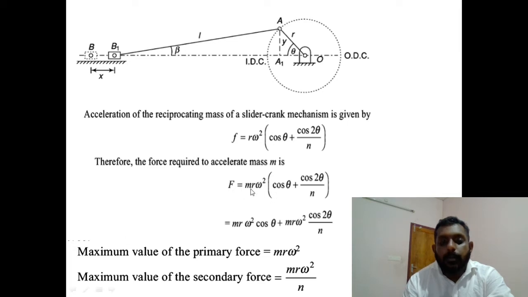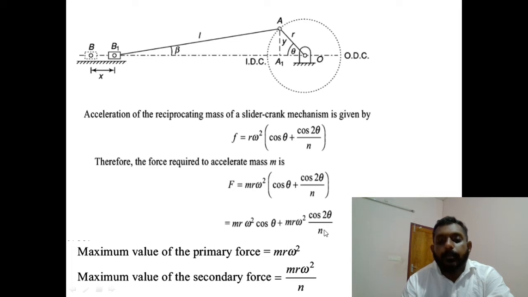So the capital F is equal to small m into small f. So F can be written as m r omega square multiplied by cos theta plus cos 2 theta divided by n. When we open the bracket, the force becomes m r omega square cos theta plus m r omega square cos 2 theta divided by n.